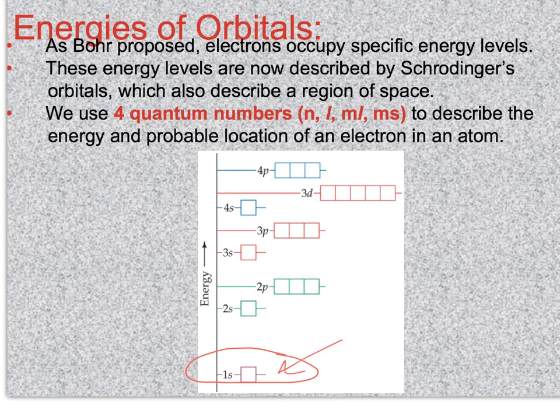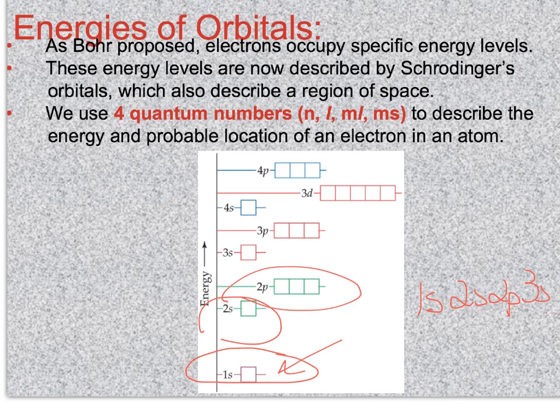The 1s orbital is the lowest possible energy orbital available to electrons in any atom, followed by the 2s, then 2p. Ultimately you're going to need to memorize this ordering. Rather than drawing it graphically, you can also write it out as 1s, 2s, 2p, 3s, etc. That's what we'll be doing when we get to electron configuration.